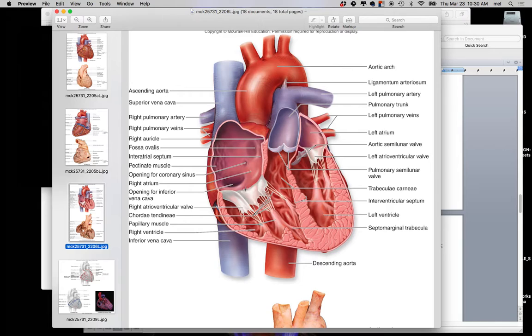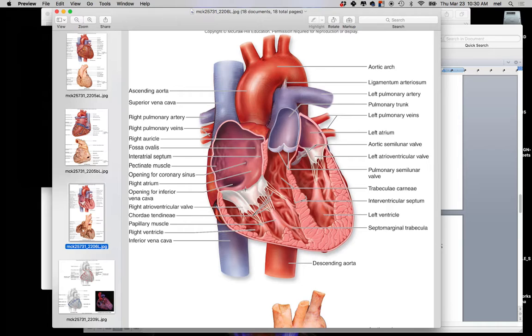So now I've closed these. I generate the pressure just a little bit higher, and then I push on the back of these saloon doors, right? And when I push on the bottom of those saloon doors, what do they do? They open. Exactly, right? There is a lag time between this one closing and that one opening in a healthy person. This one closes at lower pressure than that one opens. That makes sense? And that promotes unidirectional flow of blood.